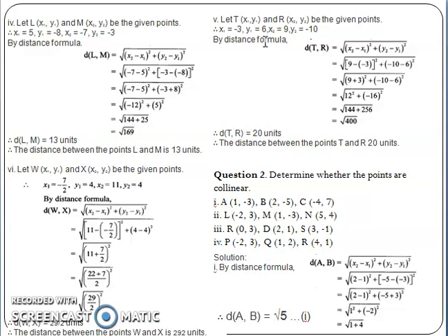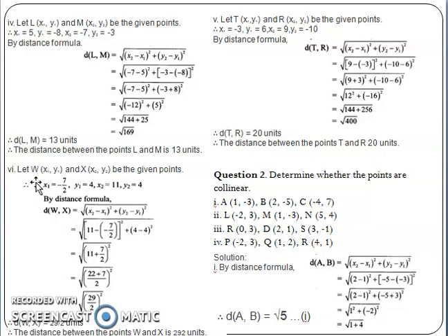Next one is T(x1, y1) and R(x2, y2). Again you will write the distance formula, substitute x1, y1, x2, y2 in it, and after substituting and finding the value we get root of 400. That means root of 400 is 20 units. So the distance between the points T and R is 20 units.